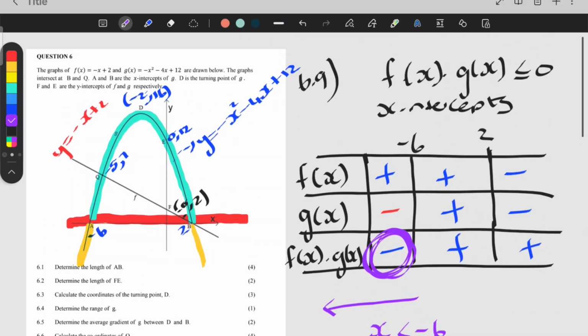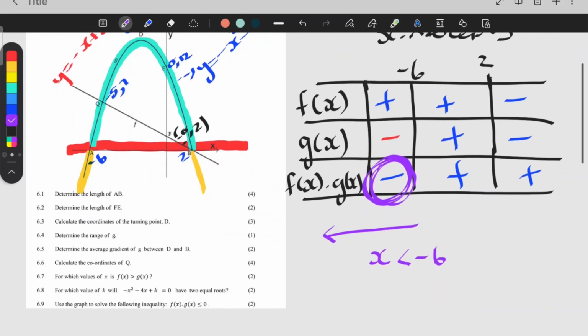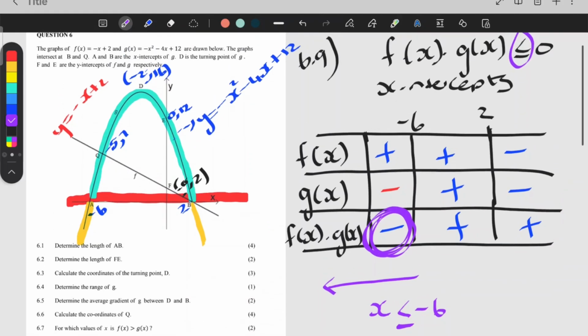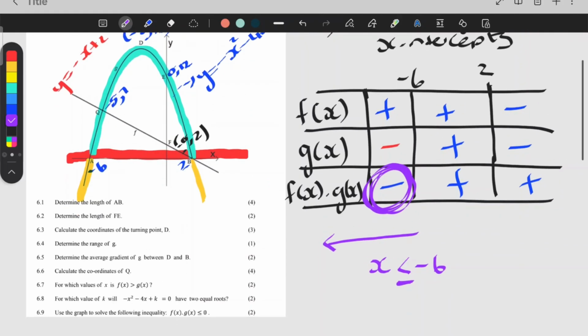But now our question has an equal sign. So we also have to look where else is one of our functions equal to 0. So where else is one of our functions equal to 0? It's here, there. The y value is the function.